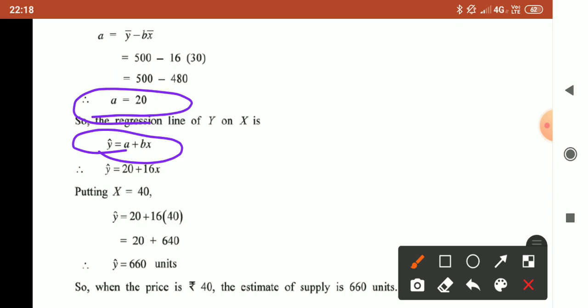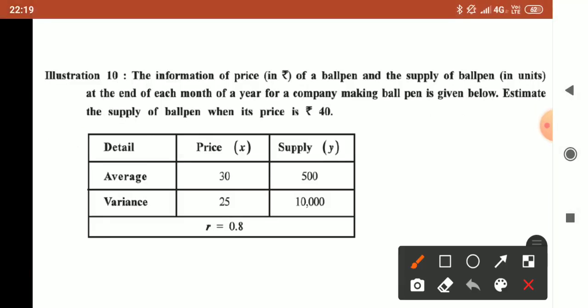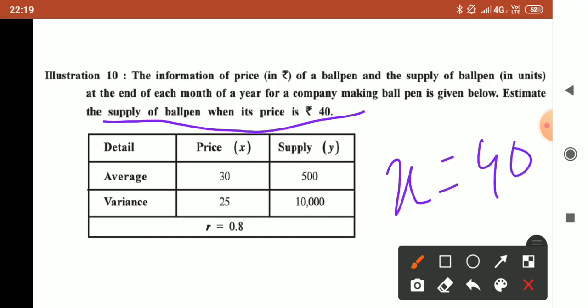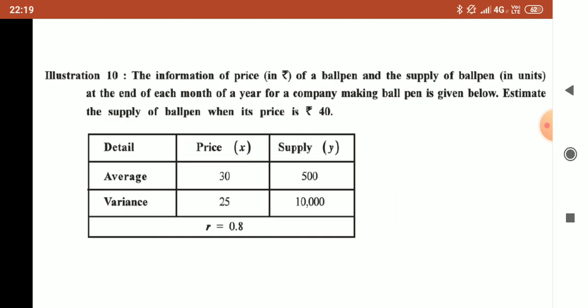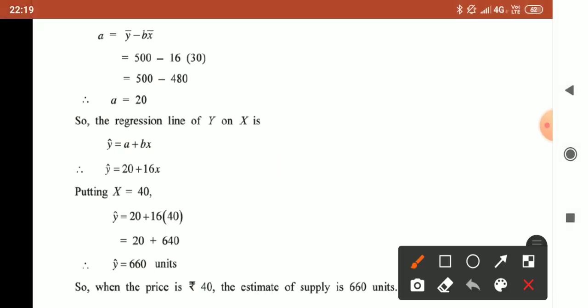After that, in the sum, as I have told you, what is this? Estimate the supply of ball pen when price is 40. Here you have been given x equals 40. Okay, here price means x. So 40 has been given. You have to find the y cap when x equals 40. So you can see, putting x equals 40, we have estimated the y cap.